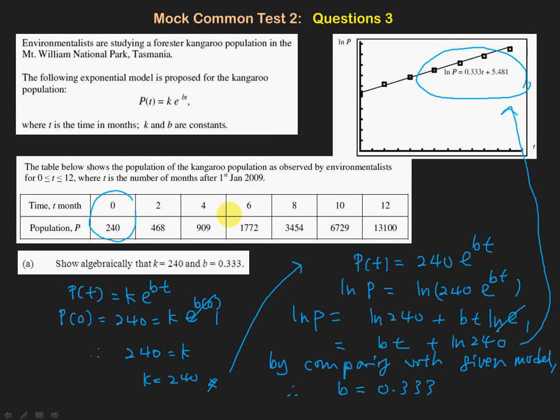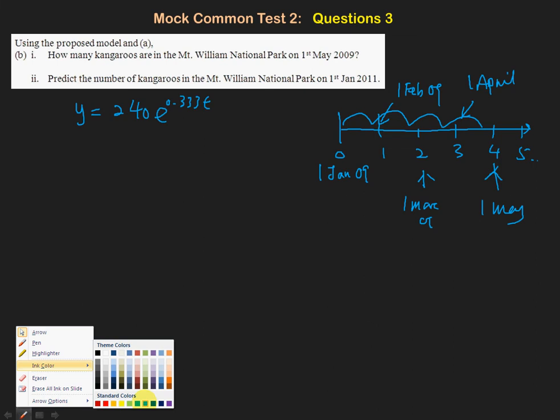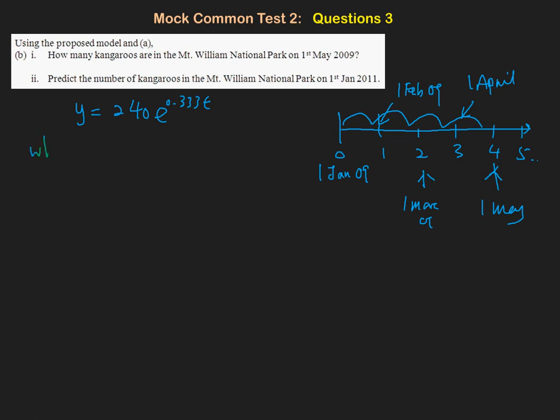From the table, if you go back and check the table, here it is. We don't have to calculate this. When time is 4, the population is 909. This is directly from a table, isn't it straightforward? And then predict the number of kangaroos on 1st January 2011.